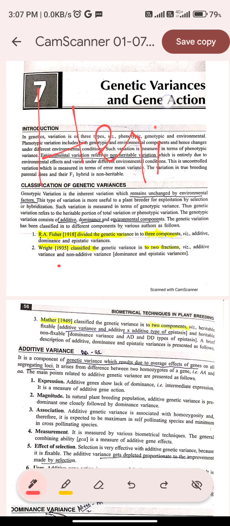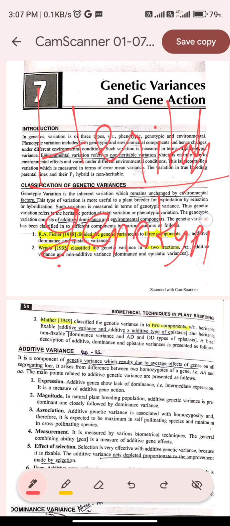First we see heritable. In heritable variation, they are able to pass from one generation to another. They include genotypic variation. All the genotypic variation is able to pass. Genotype is passing from parents to offspring. So this is the heritable portion of variation.